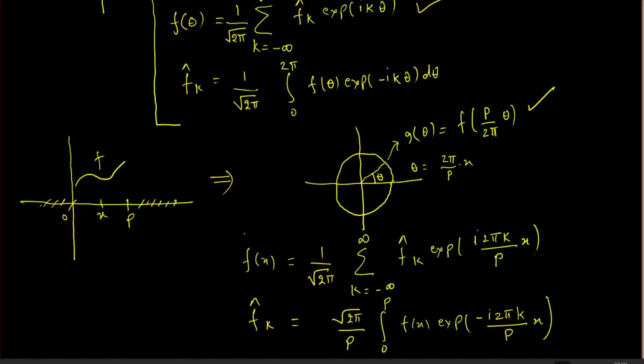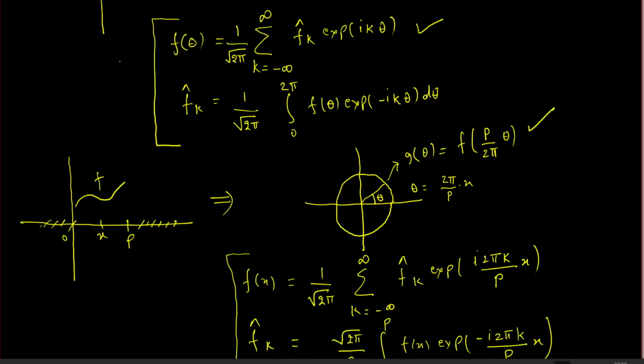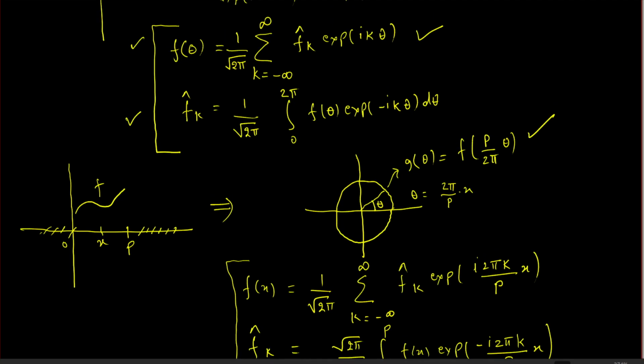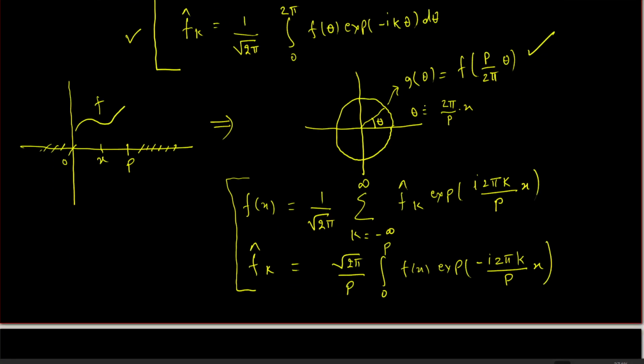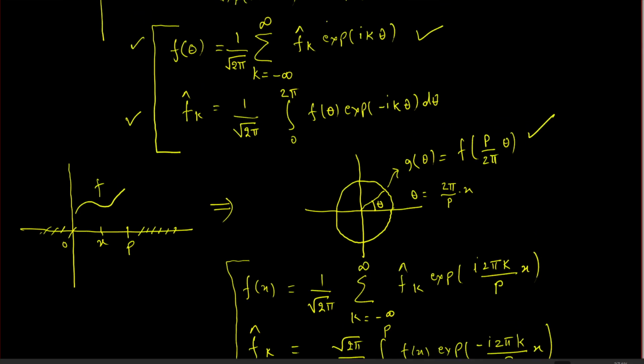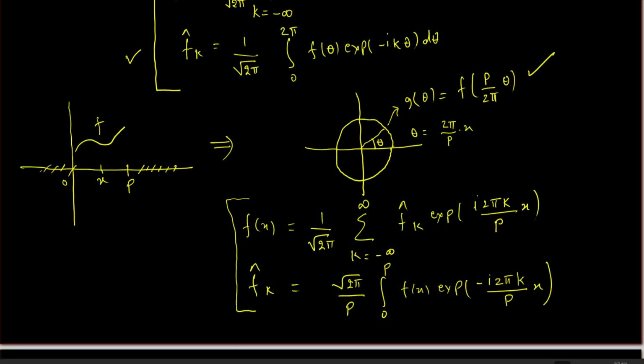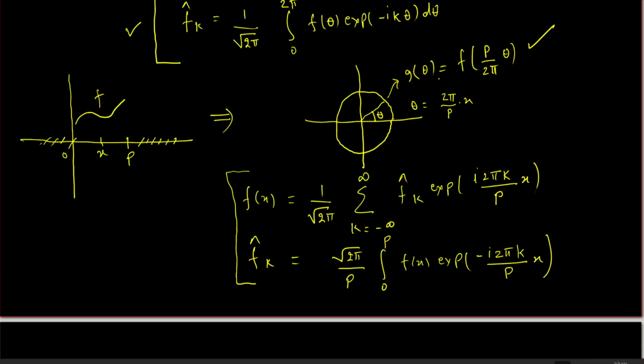These two expressions can be derived by using the fact that g is a function on the circle, so it can be expanded in terms of these eigenfunctions of the Laplacian, and then using the fact that g is defined in terms of f by this equation.